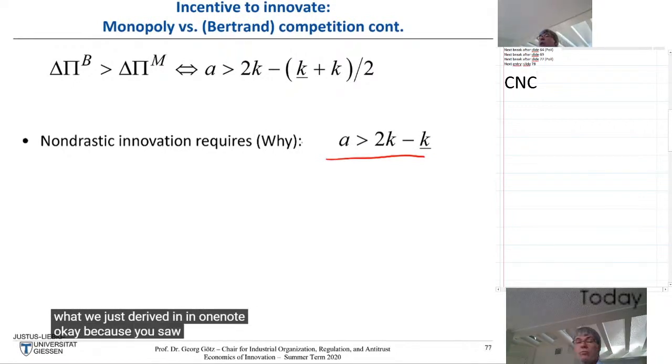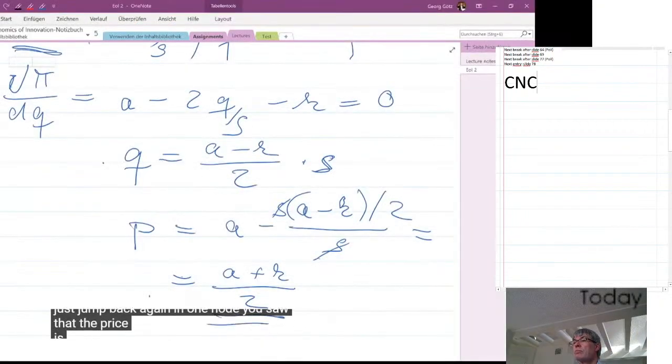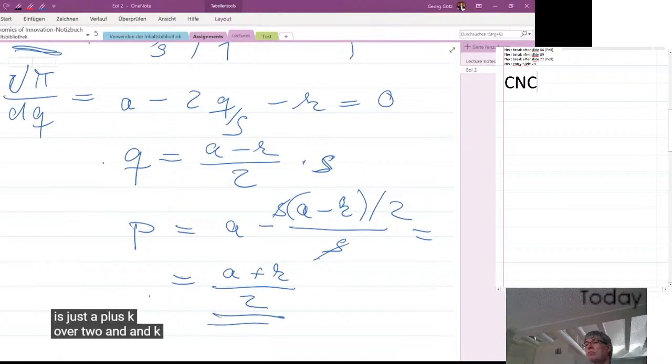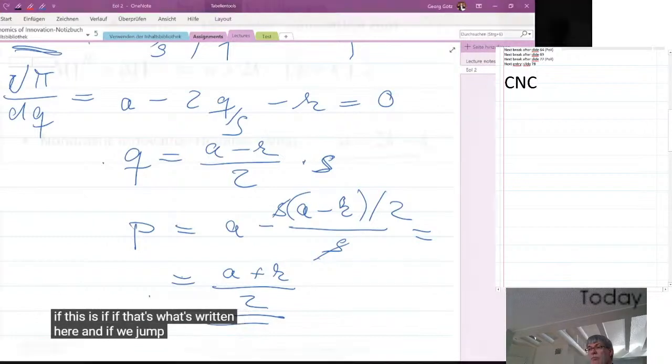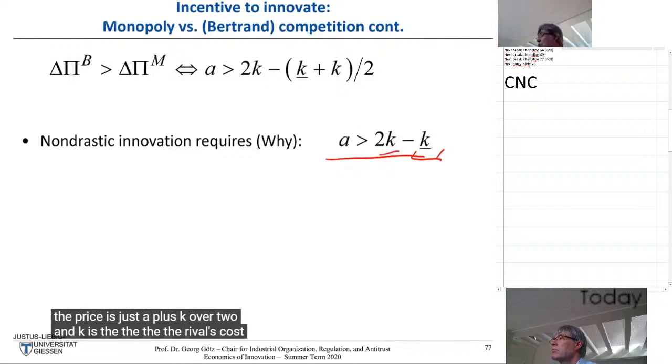In OneNote, you saw that the price is A plus K over 2, and if your cost is K lower bar, the price is A plus K over 2, and K is the rival's cost.